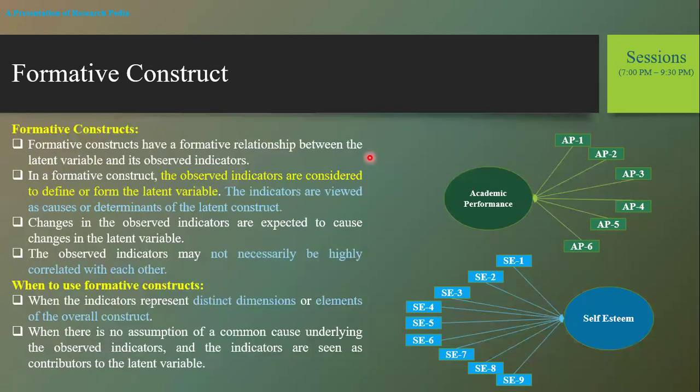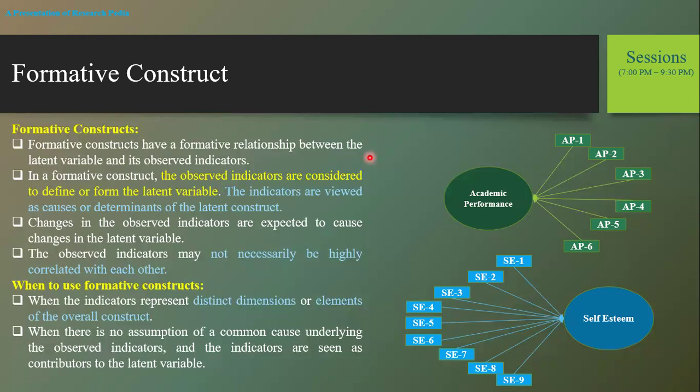You need to remember the basic difference between both of them: in the case of reflective constructs, the construct causes the statements, while in the case of formative constructs, the statements would define or form your construct.